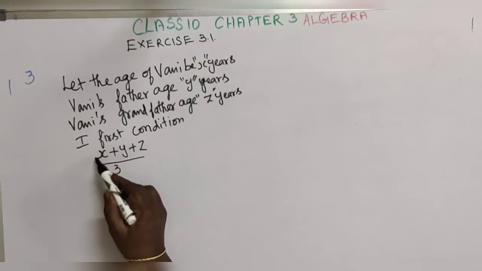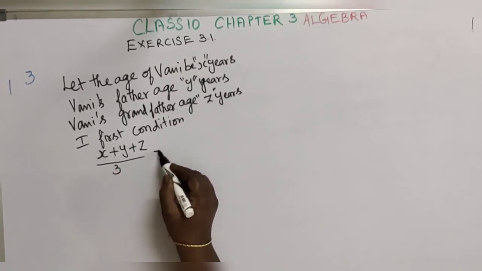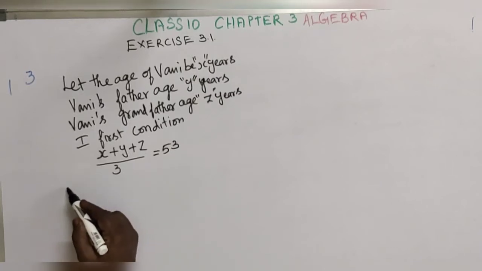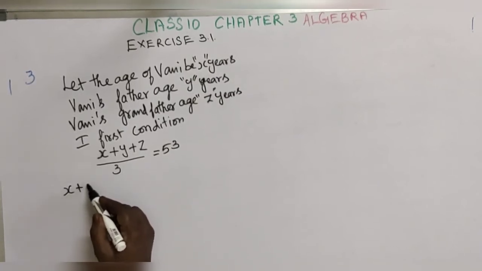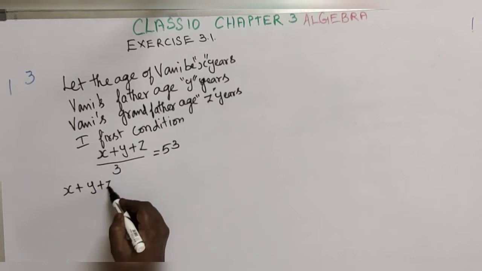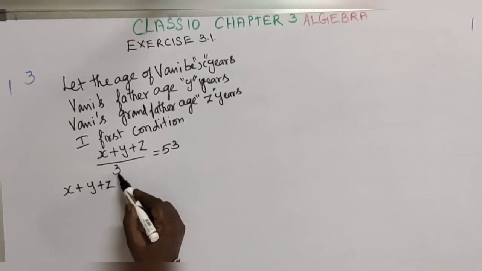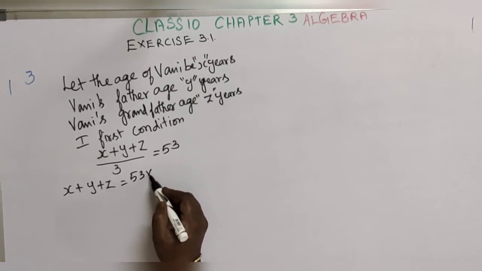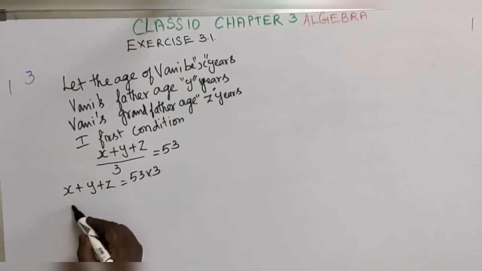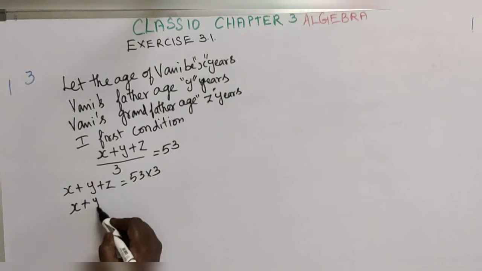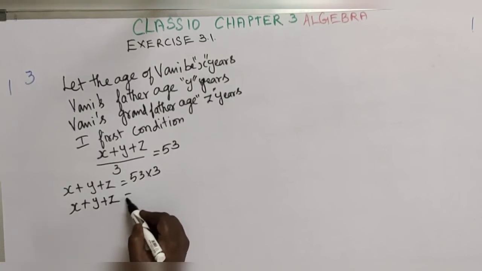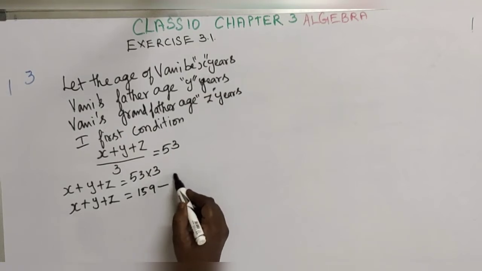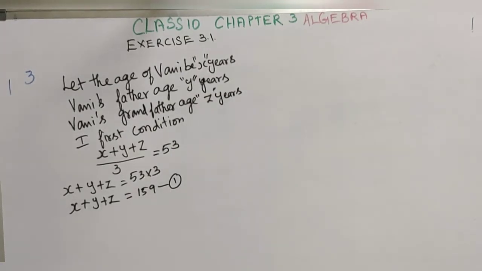So the average of their ages is equal to 53. Taking the 3 from the denominator to the numerator, 53 into 3, so x plus y plus z equal to 159. Have this as first equation.